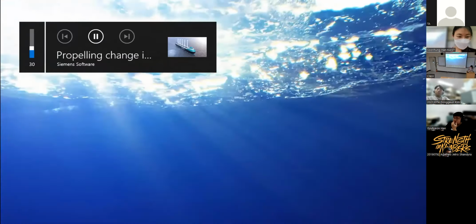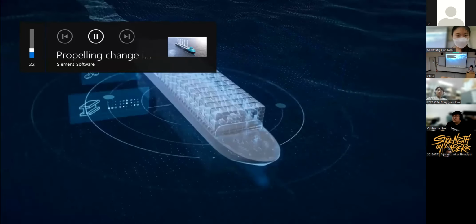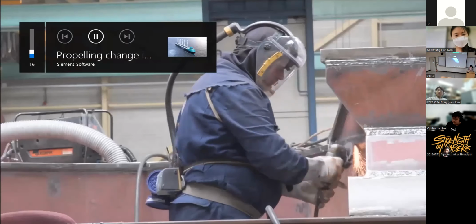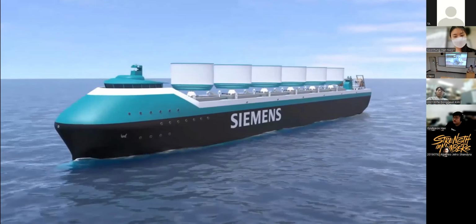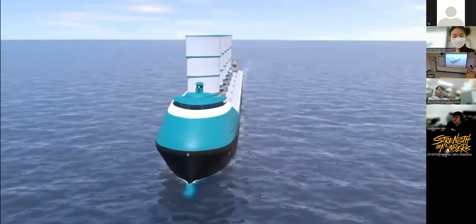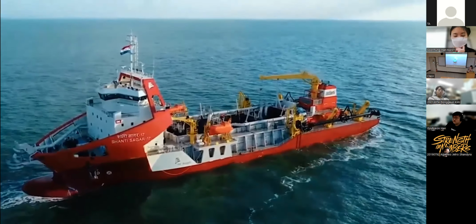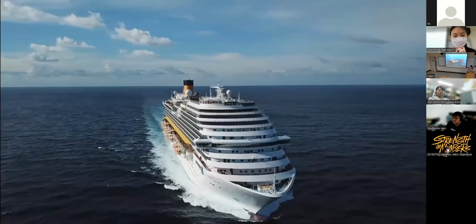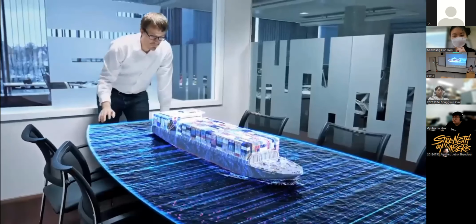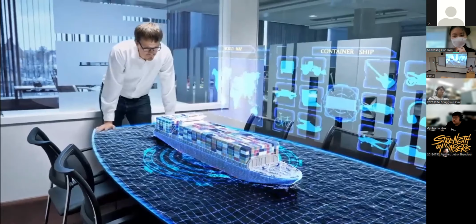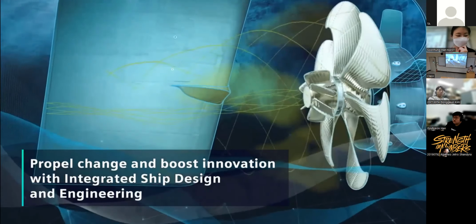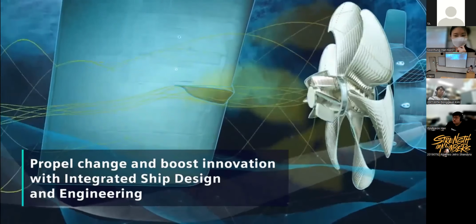The only way to weather that storm, to ensure safety and sustainability compliance, reduce development time, costs, and risks, and stay afloat in an uncertain market is to harness the power of digitalization. With the world asking for better, faster, smarter, and greener vessels, a sea change is needed from the start of every new project. Use digitalization to propel change and boost innovation with integrated ship design and engineering.